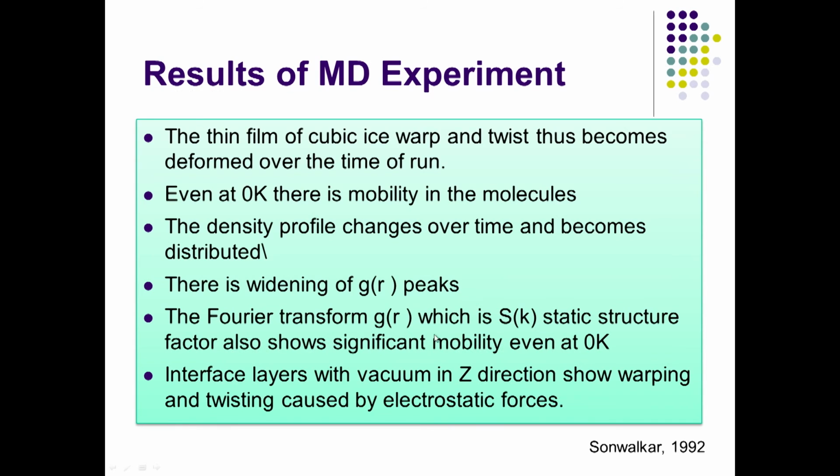So, there is a widening of G of R peaks, and the Fourier transform of G of R, which is the static structure factor, also shows significant mobility. The mobility can be explained in this case because O and O is Lennard-Jonesian type with different parameters fitted to the SPC potential, simple point charge. As you remember, there is a positive charge and a negative charge.